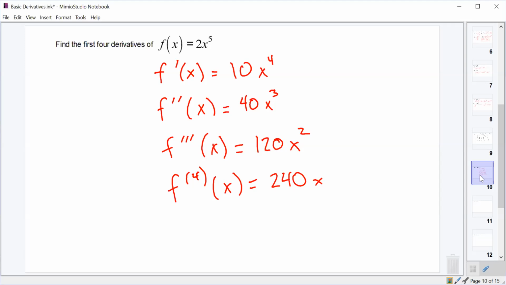So for example, the second derivative tells you the concavity of the function. And if we're talking about motion problems, like in physics, the original function is a position function. The first derivative ends up being a velocity function. The second derivative ends up being an acceleration function, and so on. There are things beyond acceleration.